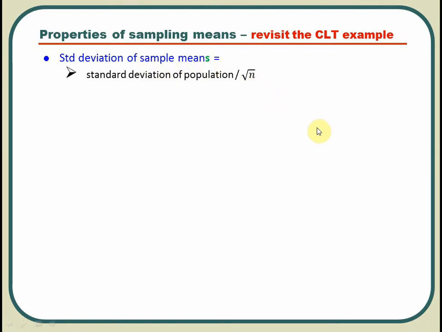This is because, due to the central limit theorem, the averages are not as divergent as the individual data. Here n is the sample size. So if you are taking a sample of size 100, the population standard deviation gets divided by root 100, which is 10, and that will be the standard deviation of sample means.